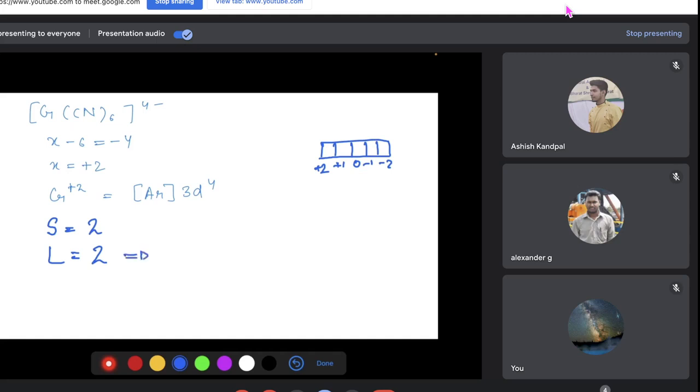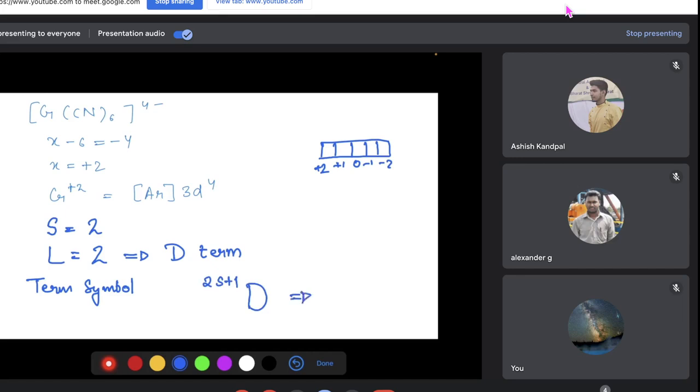So this corresponds to D term and the term symbol. For ground state they have asked, so definitely I can write the spin multiplicity as 2S plus 1 with my term L, which is here D.